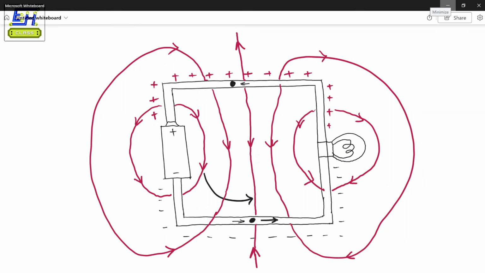Also, we know very well that whenever there is a current flowing through a conductor, there is an associated magnetic field generated around the conductor, which is governed by the right hand rule. So we can also determine the direction of the magnetic field outside the conductor. Here it will point upwards from this side. And on the other side, it will be just the opposite, because the current is flowing in reverse.